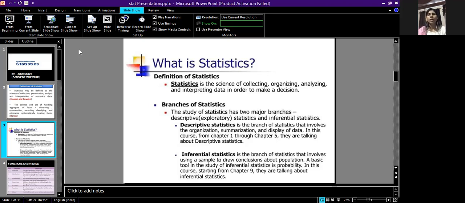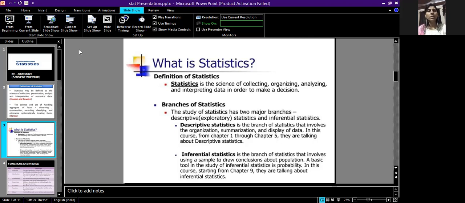The functions of statistics start from the first, which we have already discussed, that is the collection of data. What is the meaning of the collection of data? What kind of data have you collected? From which source have you collected the data?